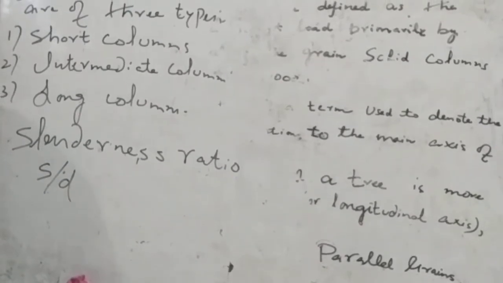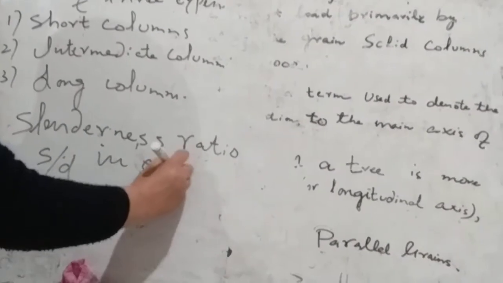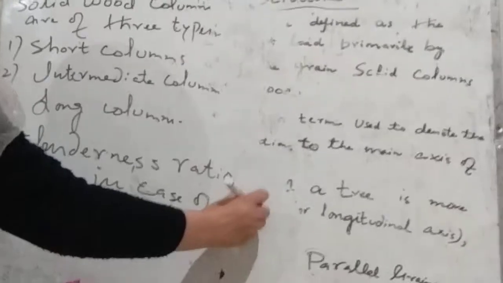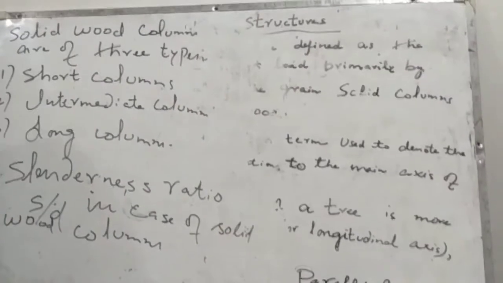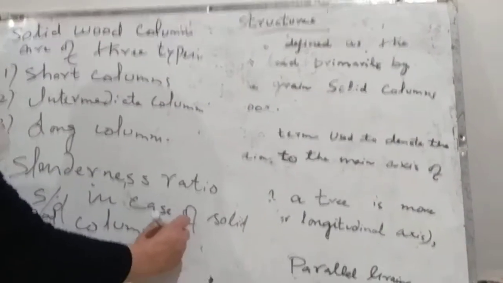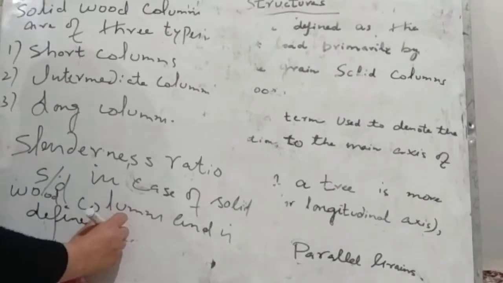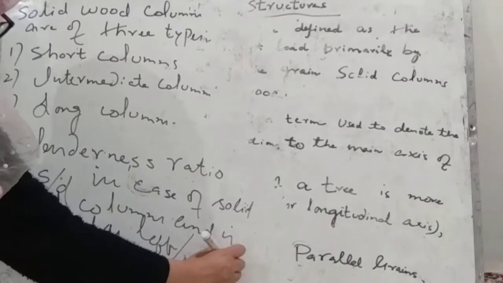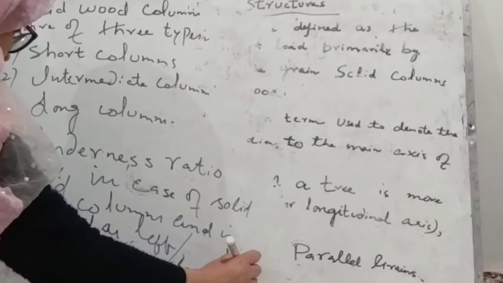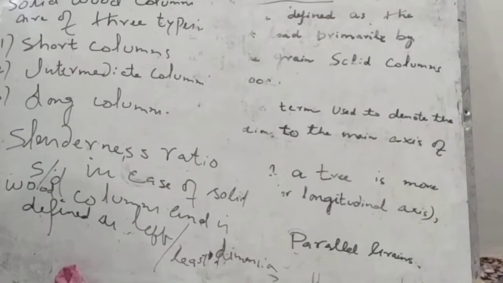Slenderness ratio is S by D, designated by S by T in case of solid wood columns, and is defined as effective length by least dimension of the column. Right? Now we will define short columns.